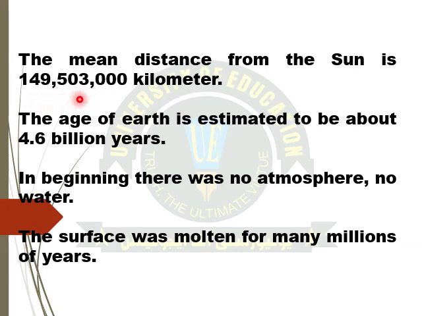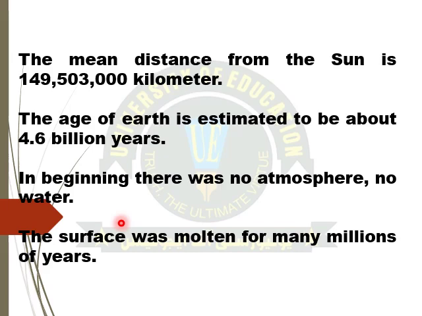If we talk about the age of Earth, it is estimated that the Earth evolved about 4.6 billion years ago. In the beginning, there was no atmosphere and no temperature on our Earth that could support life. But after a lot of time, the atmosphere was established, and due to the rainy season, there was a lot of water on Earth.